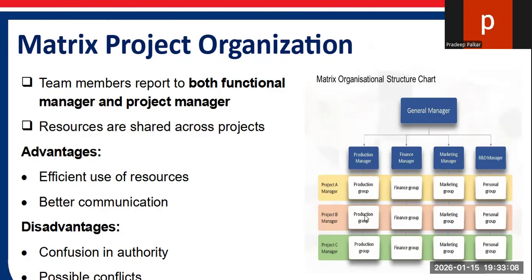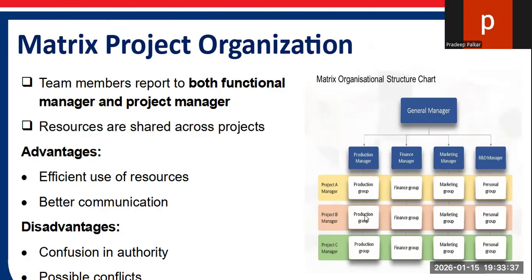Clear authority and responsibility, high team commitment, better control over the project activity. These are the advantages. And what are the disadvantages? Higher cost, limited resource sharing, and job uncertainty after the project completion. These are also some disadvantages in this type.